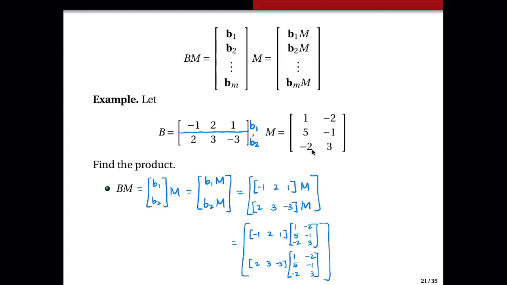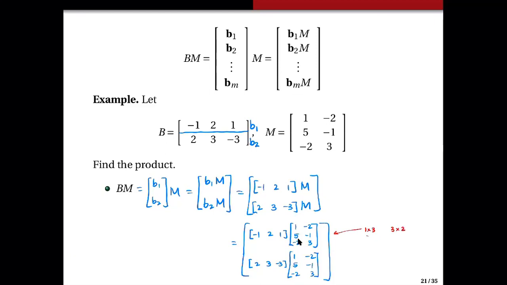Now, this one here is 1 by 3: one row, 3 columns. And the M here is 3 by 2.